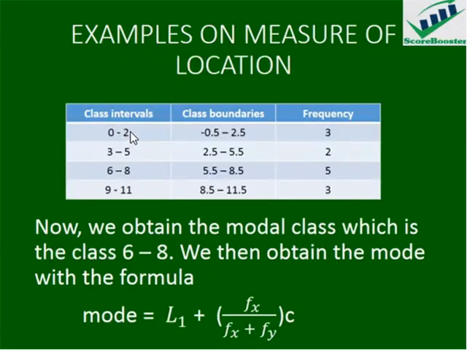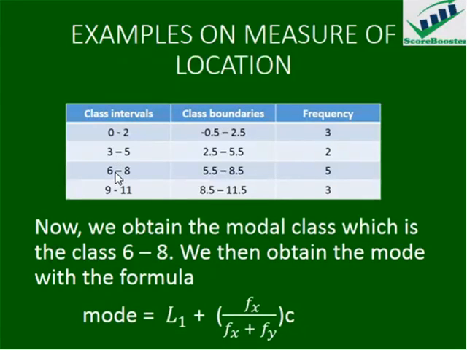To obtain the upper class boundary, we add 1/2 multiplied by the unit of measurement to the upper class limit. Here the upper class limit for this class interval is 2, plus 1/2 multiplied by 1, which is 2 plus half, which is 2.5.